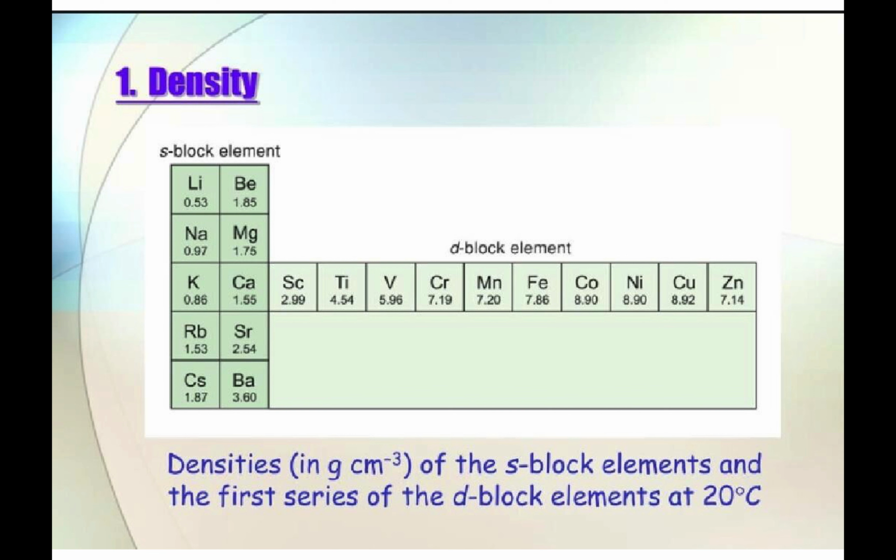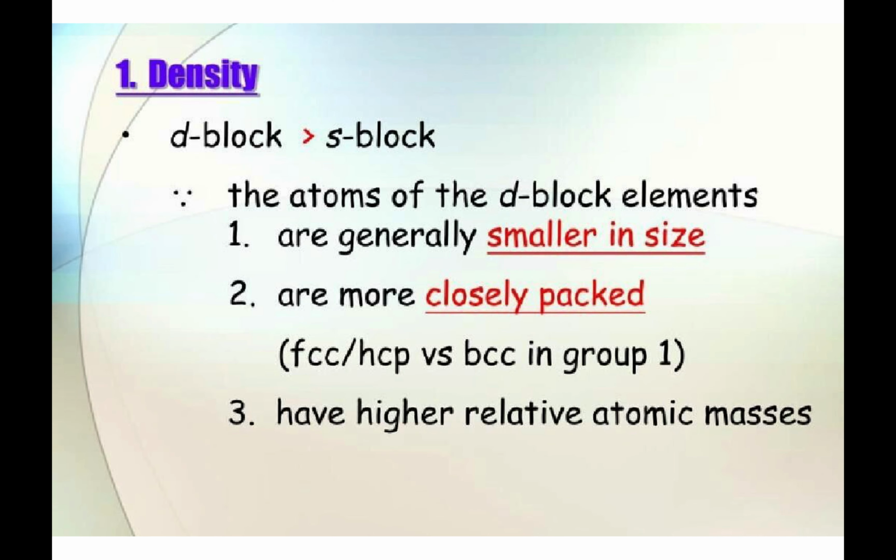The densities of the S block elements and the first series of D block elements are shown, in grams per cc, at 20 degrees Celsius. You can see the values given in the chart. Now the density of D block elements is greater than that of S block elements.